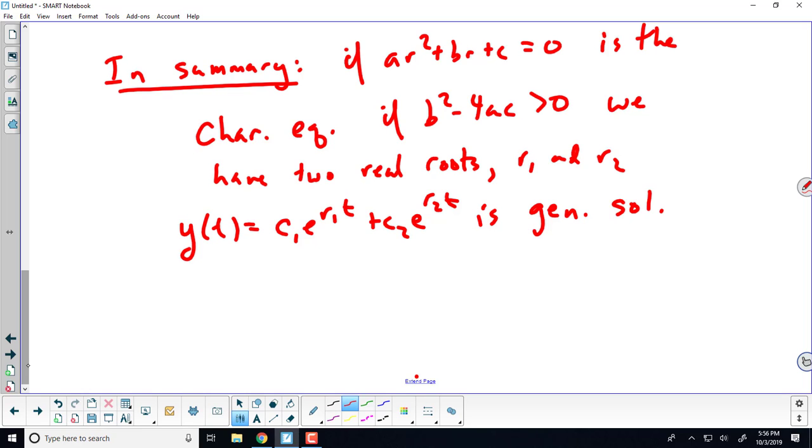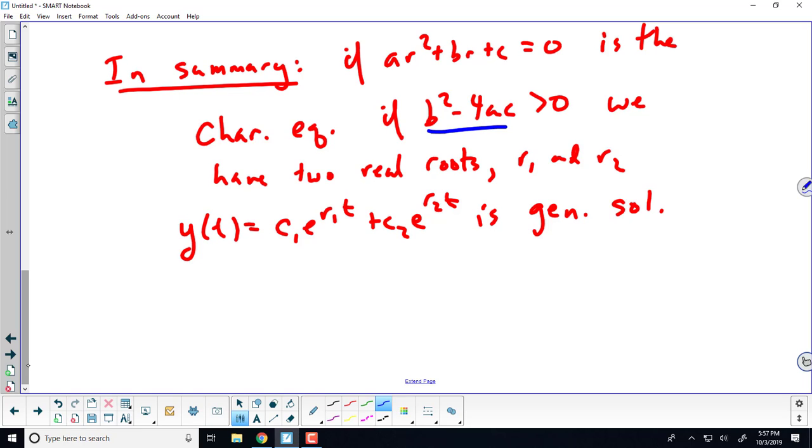Well, we've learned how to handle the case where you've got repeated roots. When would that happen? I'm sorry, you guys remember that I didn't reintroduce this. You remember this guy from algebra? We call that the discriminant. That's the thing that shows up under the radical in the quadratic equation. If that is positive, then you get two real solutions, two real roots to your quadratic equation.